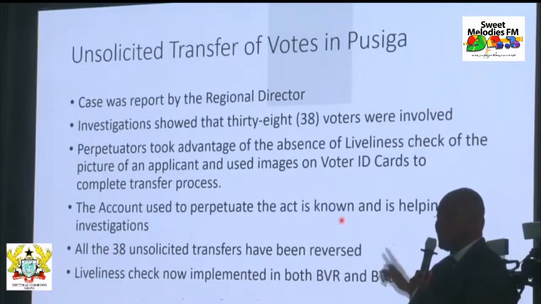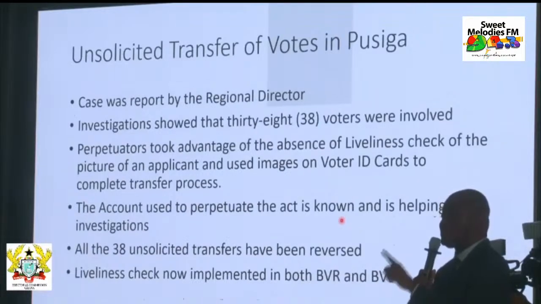We didn't stop there. We've also implemented the liveliness check on our voter verification devices, our biometric verification. Indeed, you can't take somebody's picture and use the BVD to do verification, because that is firmly built into the BVD as well. So we have plugged that hole.